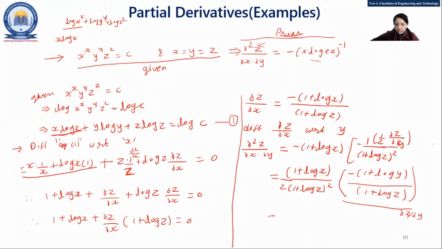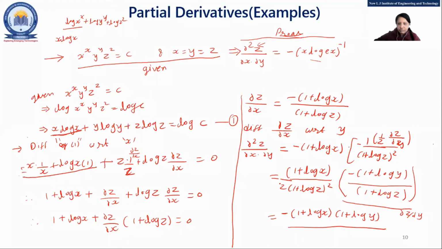So next is what? We'll write here only. A minus sign is there, so we'll write minus 1 plus log x into 1 plus log y upon 2 into, right? Just let me check, this is 1 by z, it is not 2, right?